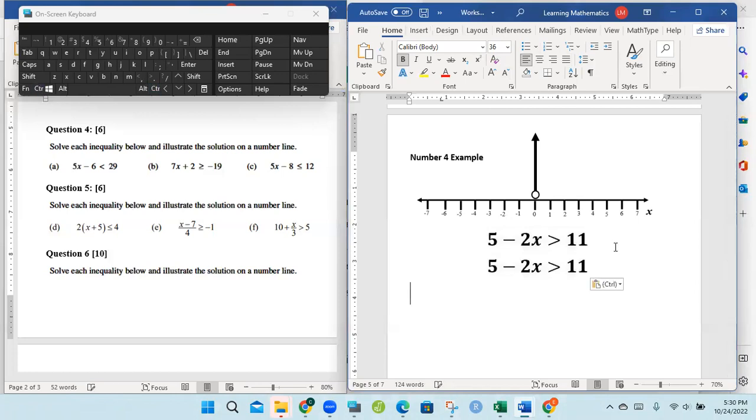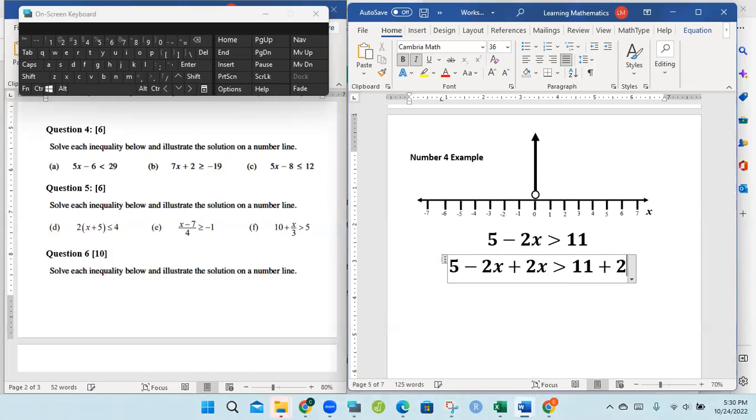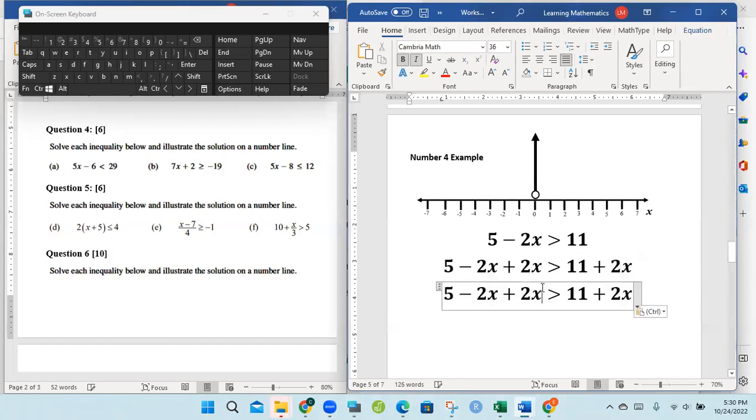Let's focus on the x. We have a negative 2x. Let us add 2x on the left, add 2x on the right, so that we can end up with a positive x. In fact, a positive 2x on the right side. So now x is positive on the right side.